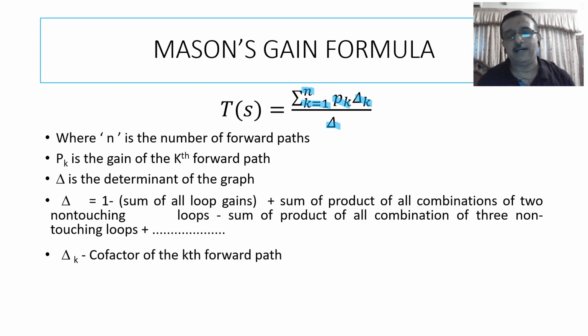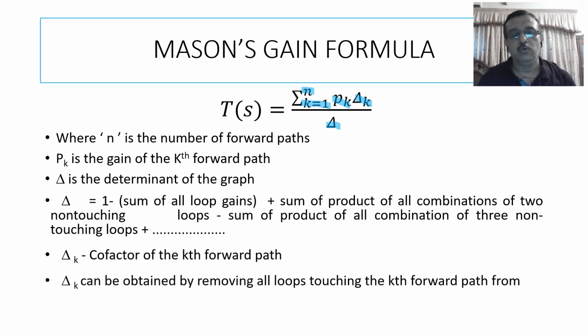We know delta. Delta is the determinant of the graph. So you can get delta k by removing all loops touching the kth forward path. So what is delta 1? You remove all loops touching the first forward path. What is delta 2? You remove all loops touching the second forward path.